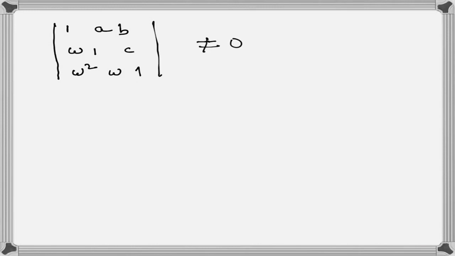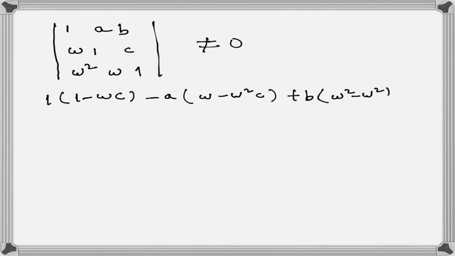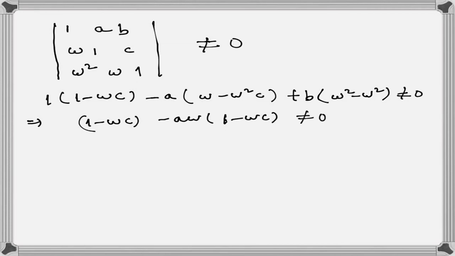So let's see what the determinant is. It is 1 into (1 minus WC) minus A times (W minus W square C) plus B times (W square minus W square), not equal to 0. This implies (1 minus WC) minus AW(1 minus WC) not equal to 0.